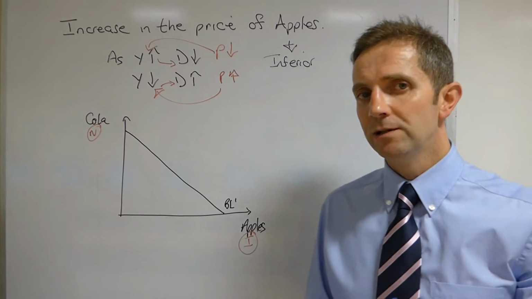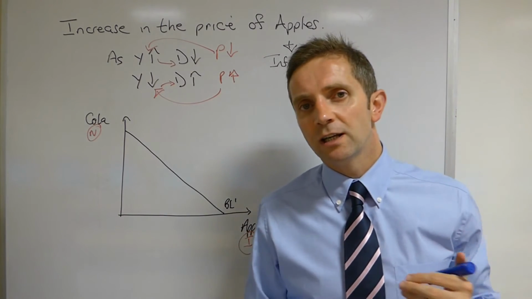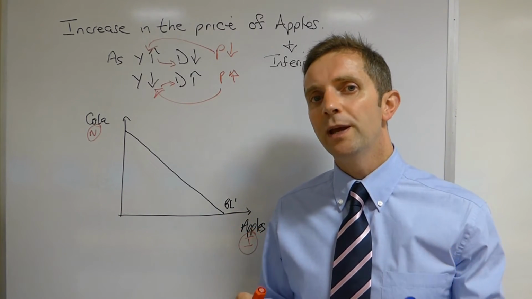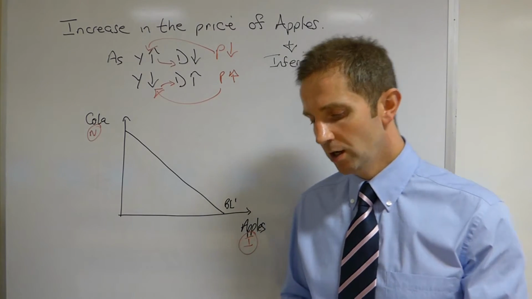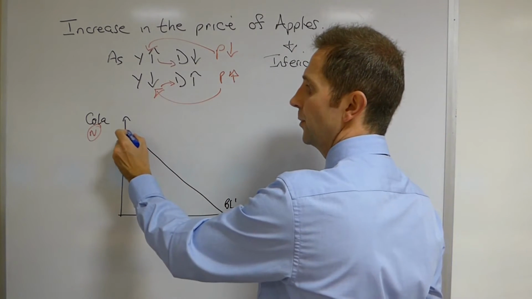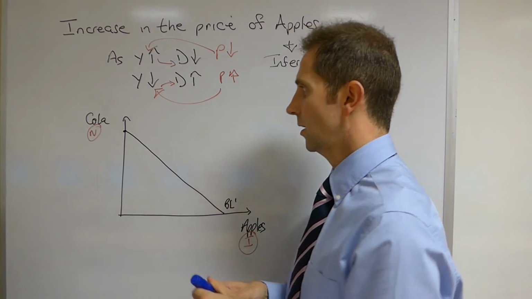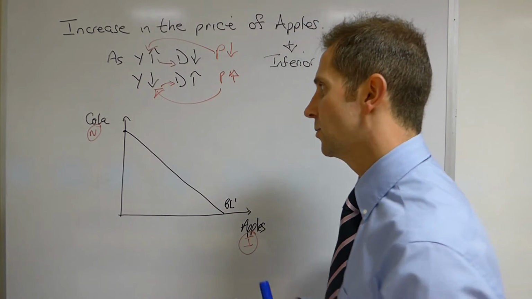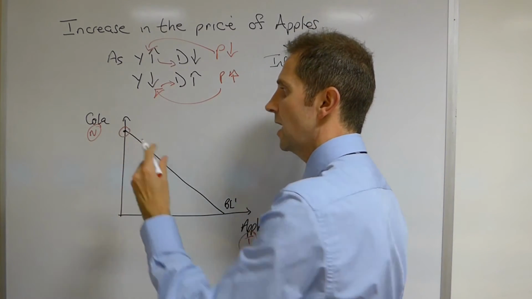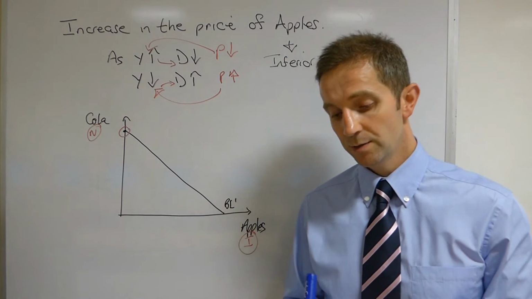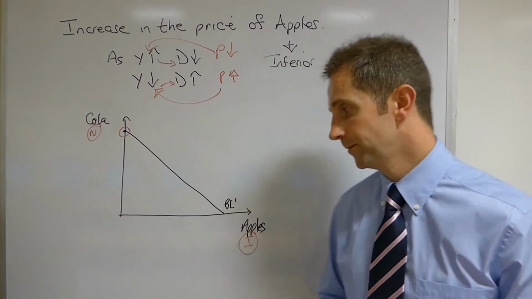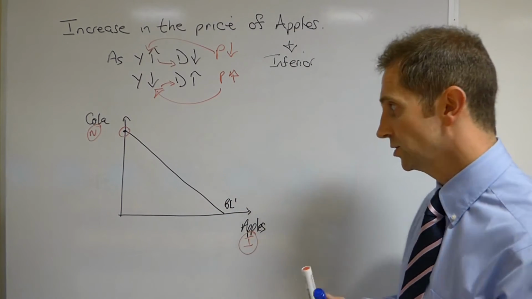An increase in the price of apples. We know there's no change in income. The budget line will pivot rather than shift. It pivots around this point on the y-axis. Why does it pivot around that point on the y-axis? It pivots around that point because the price of cola remains the same. It's the price of apples that is changing.